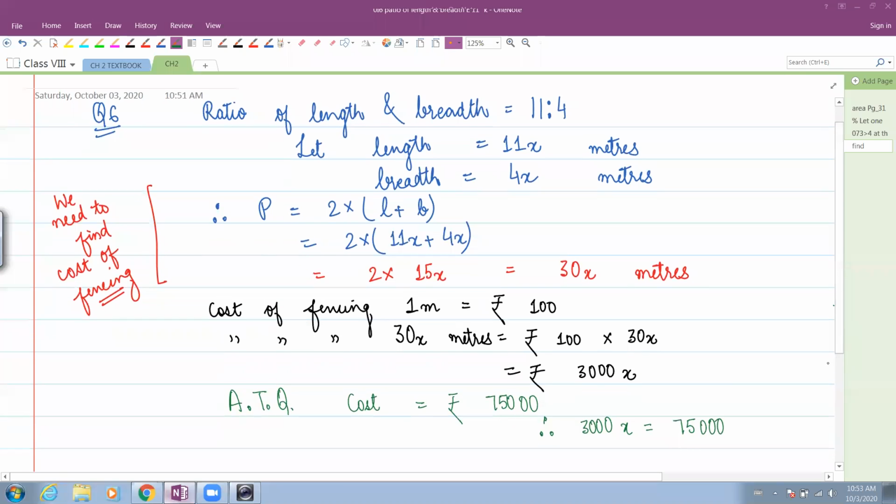This is how we will be forming the equation. Anyone with any doubts?